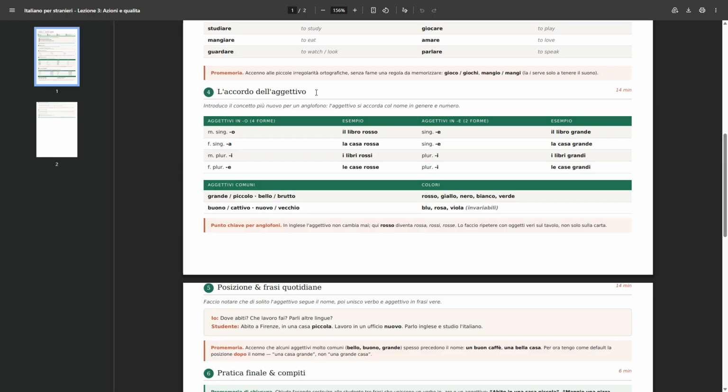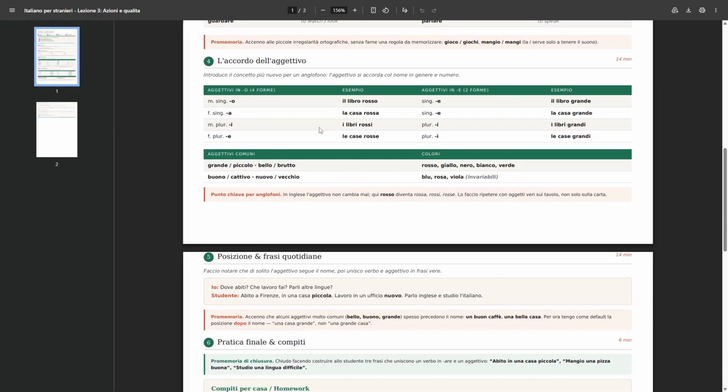For example, we have seen casa before as a noun. It means home or house. And rossa means red. In this case it ends with an -a because it's the feminine version of the color. If it was masculine, like here, it would have been rosso. So you see, it changes based on the noun. Here we have a few examples, but it's all the same.